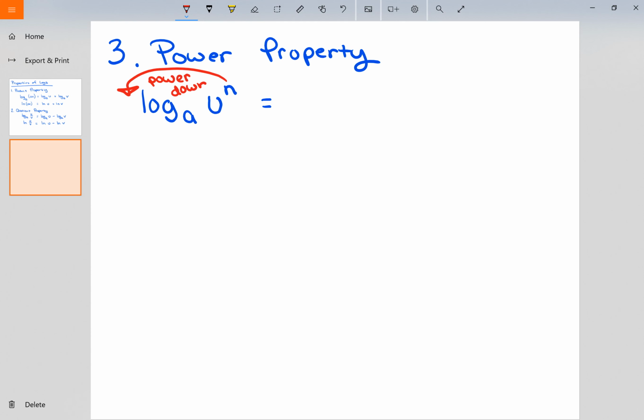That's what I like to call it. So that means we can write n log A of U. The same thing works for natural log of U to the n. We power down so the n goes in the front of natural log of U.